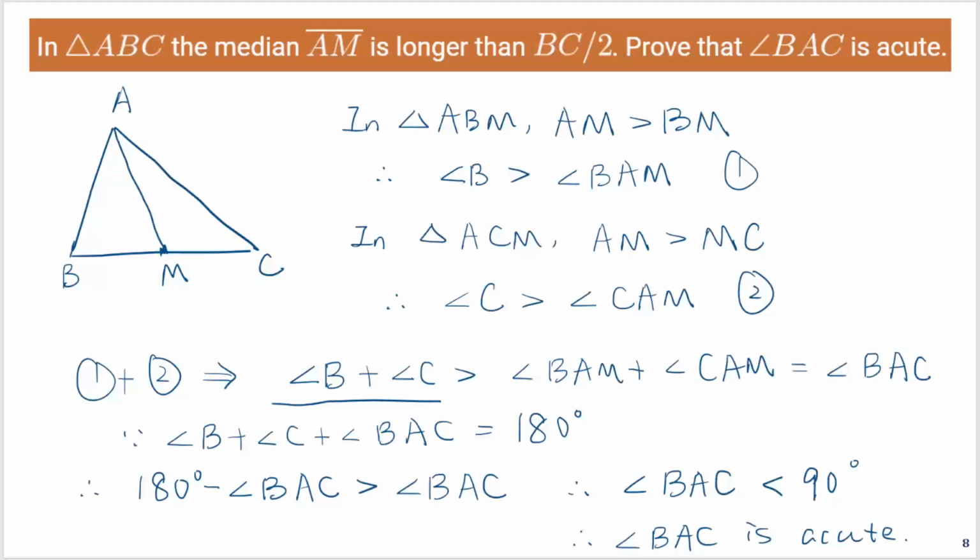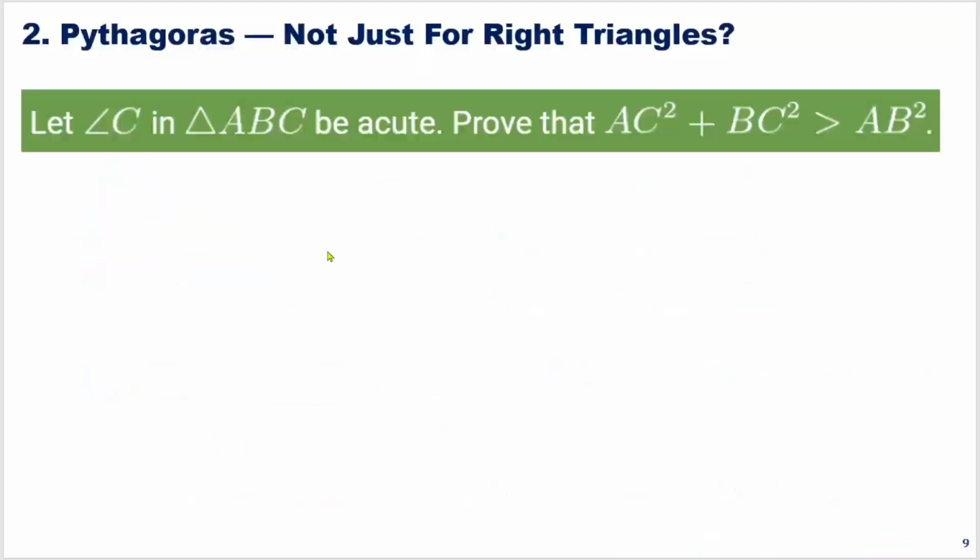Okay, then if you don't have any questions, next let's have a look at a Pythagorean-like theorem but applied to non-right triangles. So previously we have learned that if you have a right triangle ABC, then AC square plus BC square must equal AB square.